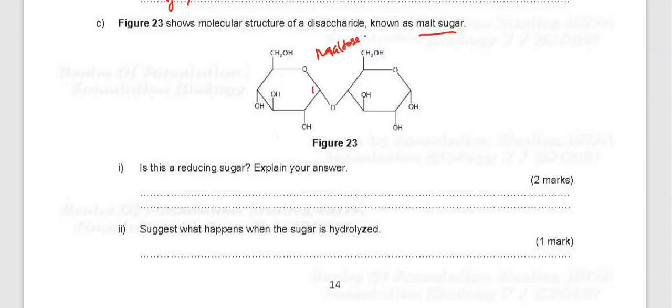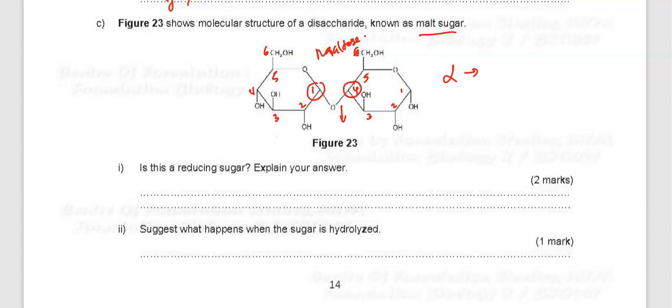Carbon number 1, 2, 3, 4, 5, 6. The bond formed is between carbon number 1 and number 4, that forms a 1,4 glycosidic linkage, or alpha 1,4 glycosidic linkage, because the monomers are alpha glucose. Okay, so is this a reducing sugar?